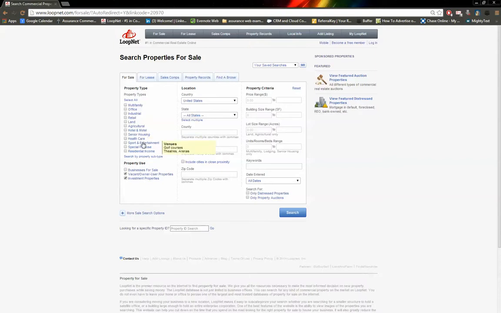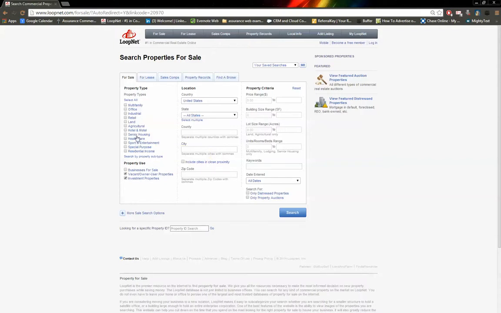Sports and entertainment. This is a good description here with golf courses, theaters, and arenas. Special purposes can be churches. That's mainly churches, and just unusual little types of property. Most of these in residential income are just investment properties where people are leasing for an investor.